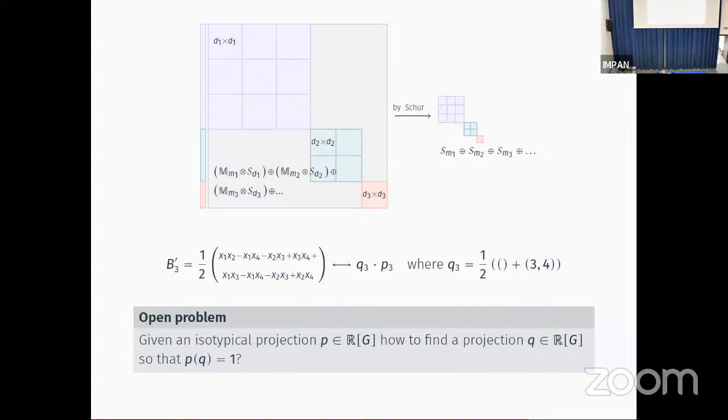And here's this problem. I have this isotypical projection, which is essentially a character of a group representation. How do I find a projection which realizes this geometric picture, which translates to algebra by saying that the value of P of Q is equal to 1.